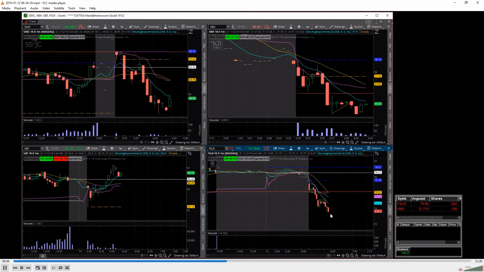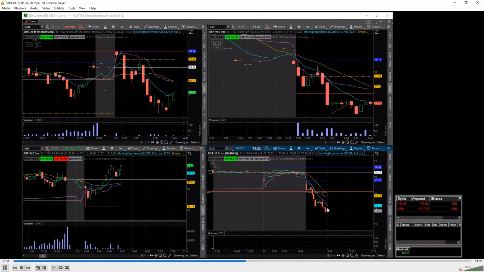Now FSLR is still coming down. We're looking at 20 cents under that 74 mark. You can see KBH started holding like a double bottom right there, so I sized down. So I only have 150 shares left after that add.